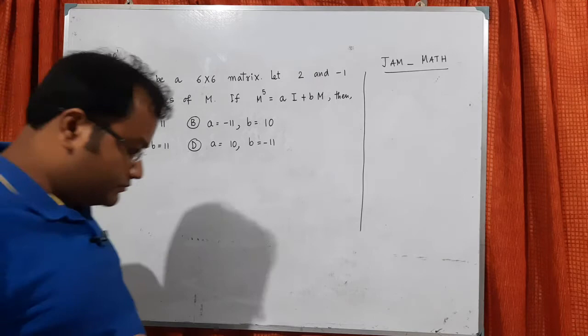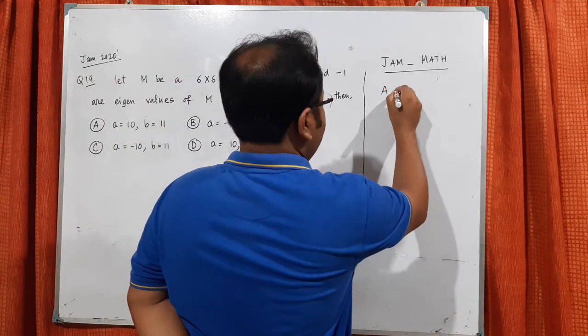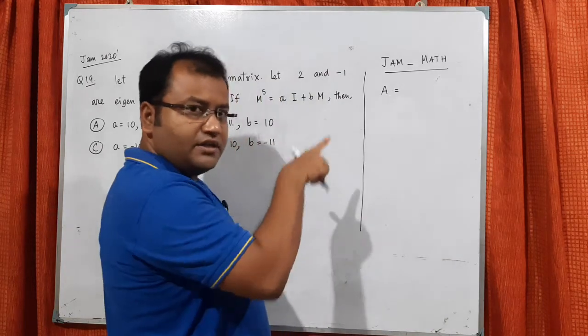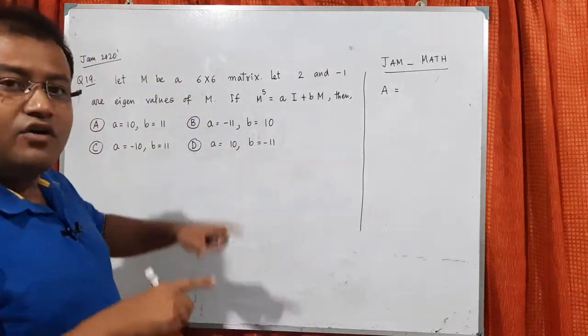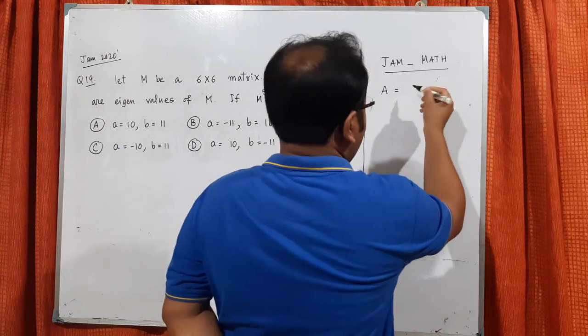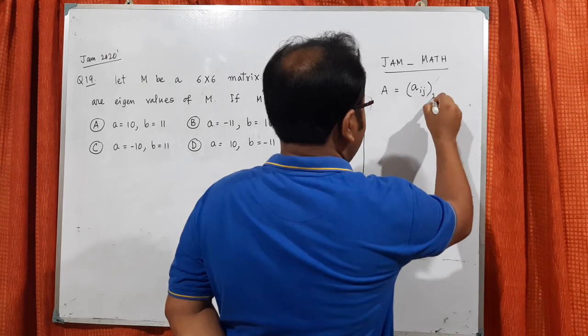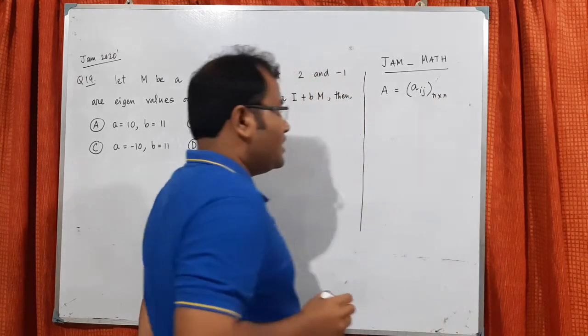the characteristic equation. Suppose A is a matrix; carefully try to understand this, because for all eigenvalue problems you can apply the same trick. Say A = (aij) is an n cross n matrix.